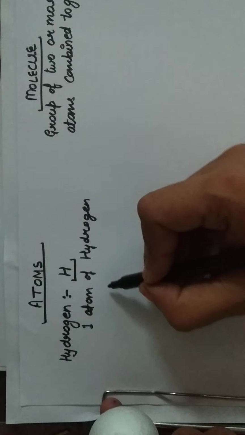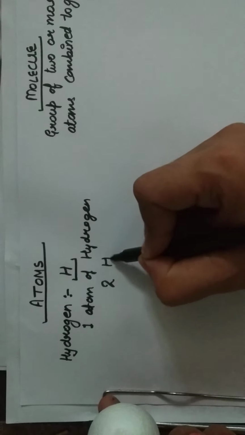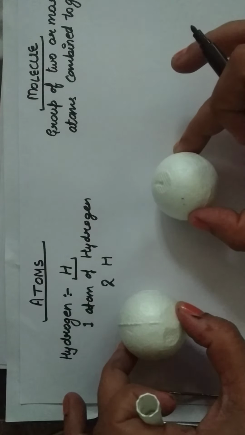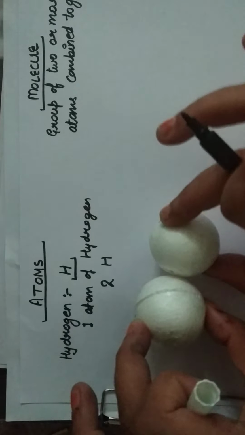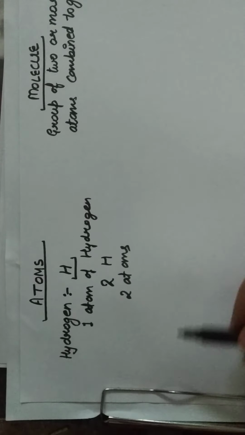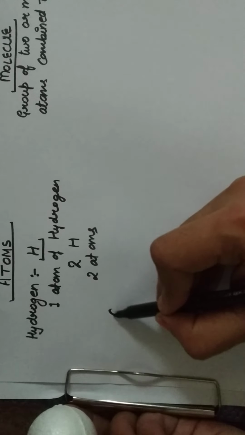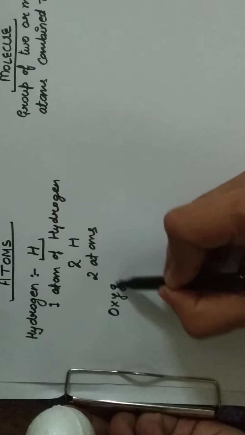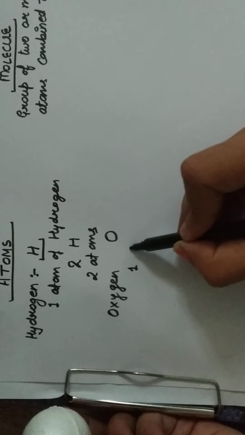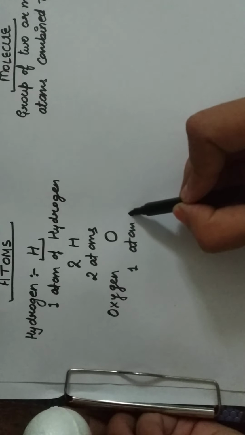Now if I write 2H, what does it mean? It means that there are two hydrogen atoms. There is no connection between these atoms, so it represents two atoms. Similarly, if I write only O, this represents one atom of oxygen.